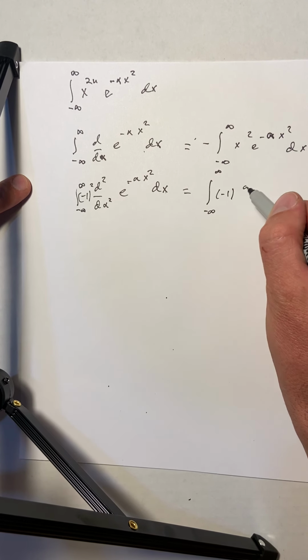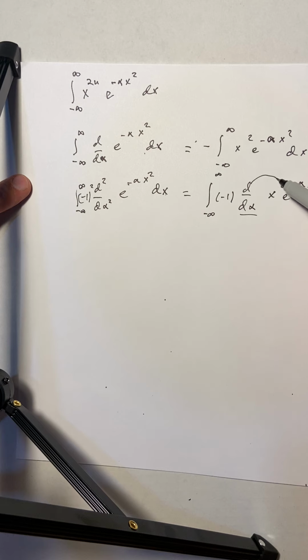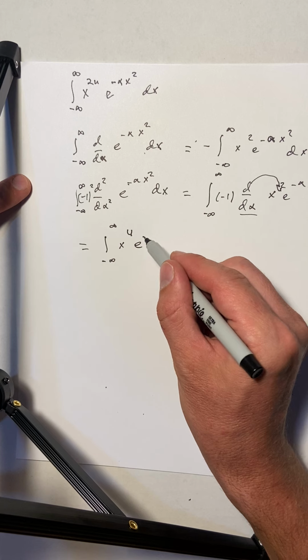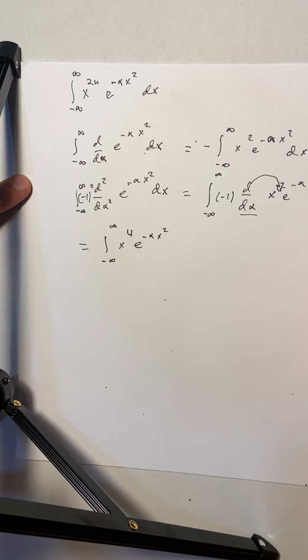The d/d alpha goes right past the x squared, since that's a constant with respect to alpha. And I will end up with the integral from minus infinity to infinity of x to the 4th e to the minus alpha x squared, where the minus sign from the minus x squared that gets brought down cancels one of the minus signs.